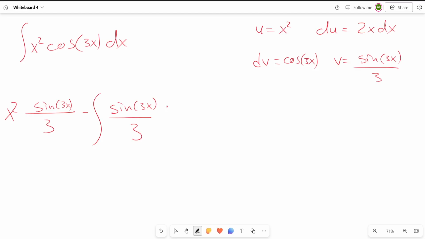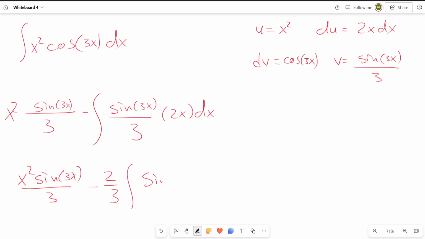So multiply 2x dx. So I can rewrite this as x squared sine 3x over 3 minus 2 times 1 over 3 is basically 2 over 3. I'm going to take it outside of the integral, and I'm going to have inside as sine 3x multiplying x, or I can just put the x in front over here with respect to dx.